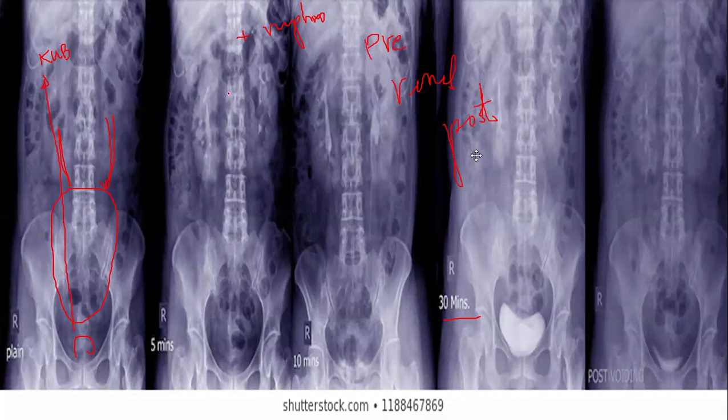Doc, if this is a kidney, if there is, the right renal artery, if there's an atherosclerosis there, it cannot go there. There's a pre-renal cause.